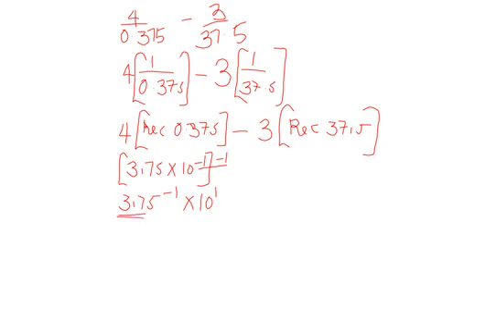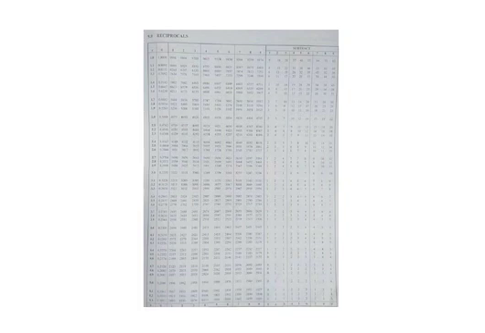So we read the reciprocal of 3.75 from our table. Our first two digits are 3.7, then we go to the column number 5.